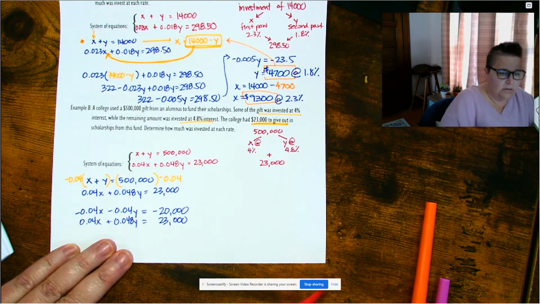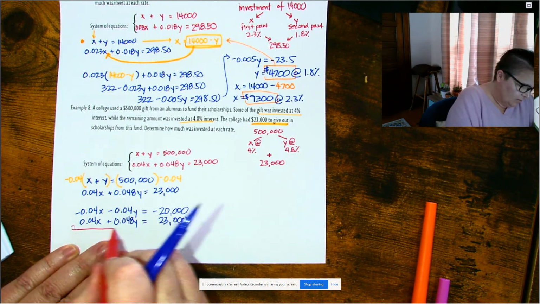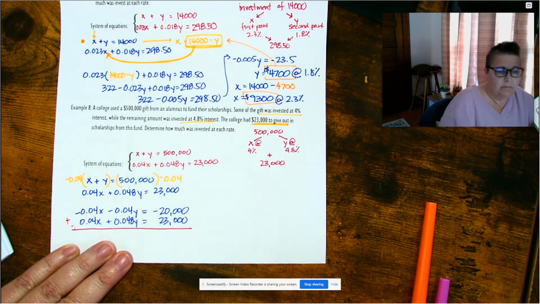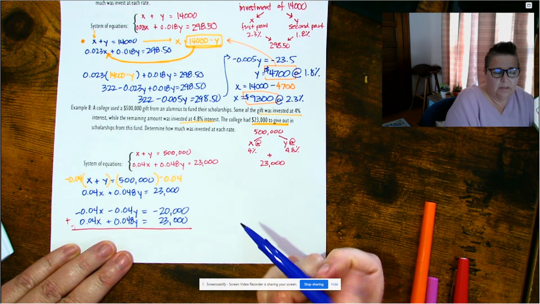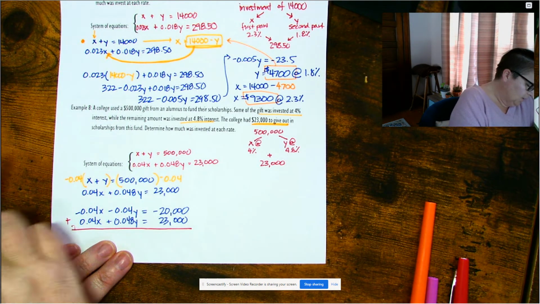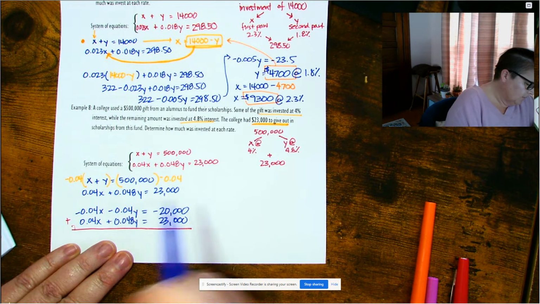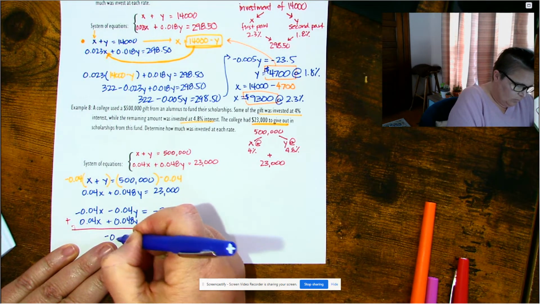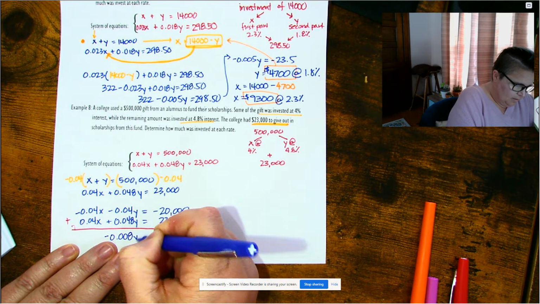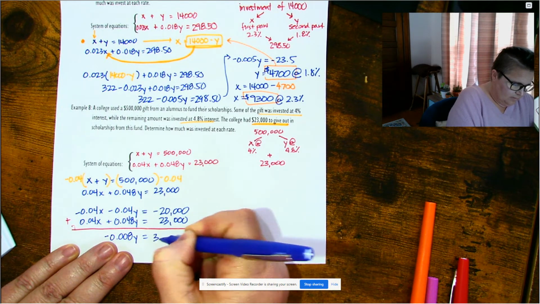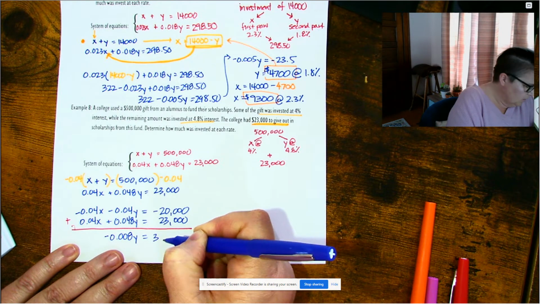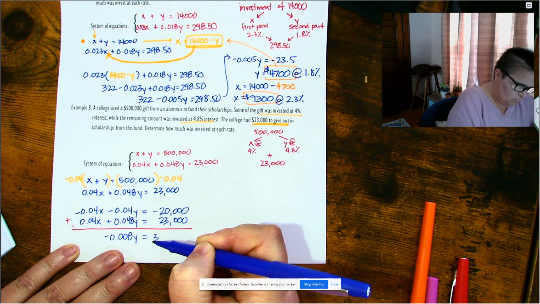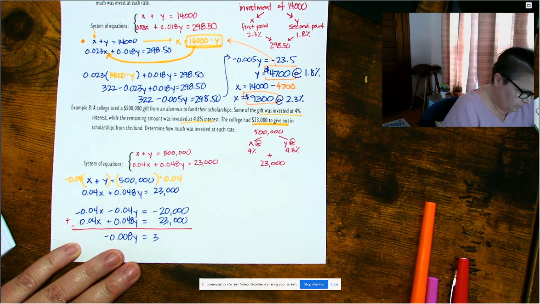Okay. Now, do you see how when I add these together, the x's are going to drop out and be eliminated? And then I'm going to have 0.04 minus 0.048. And that's going to give me a negative 0.008y is equal to, and this is going to be what did I miss?